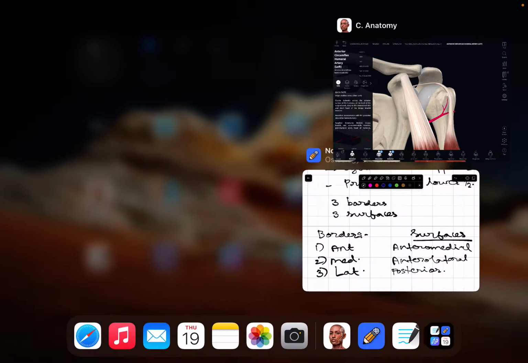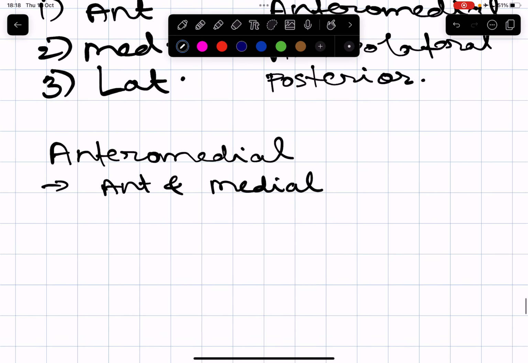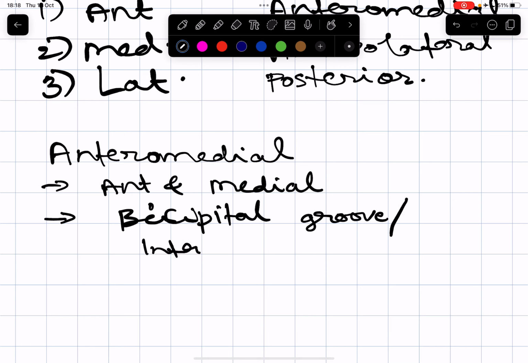So the surface that we are talking about is the anteromedial surface, isn't it? We know that the anteromedial surface lies between the anterior and the medial borders of the shaft of the humerus, and in the upper part it becomes continuous with what is called the bicipital groove, also known as intertubercular sulcus.